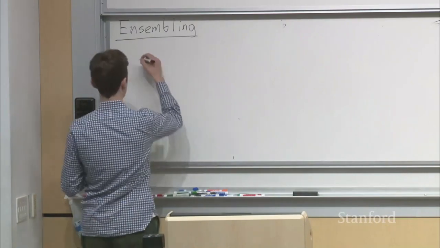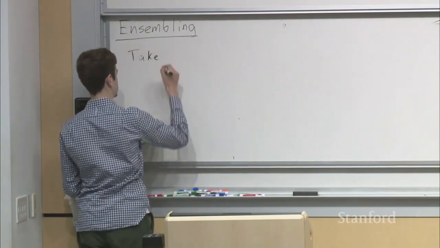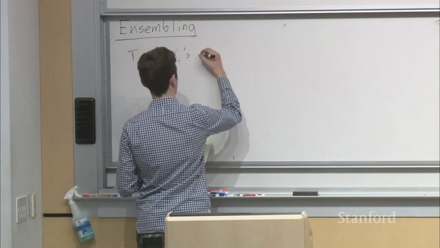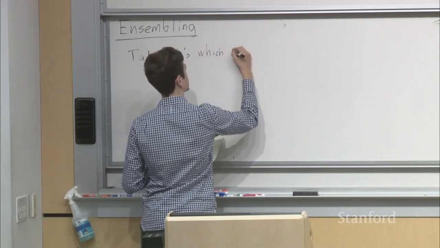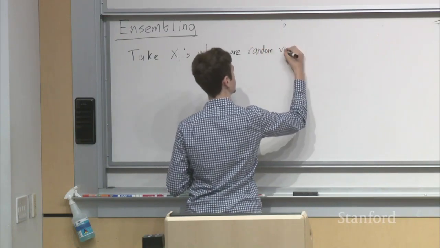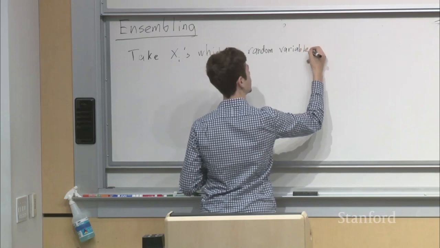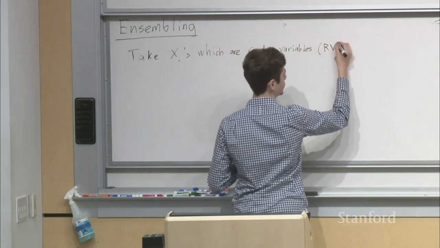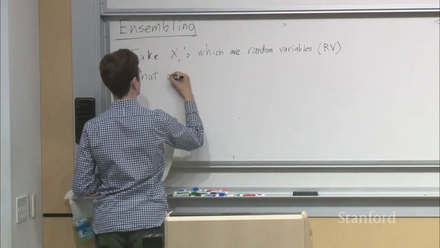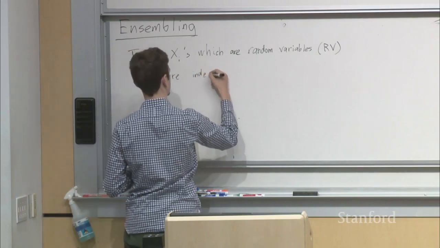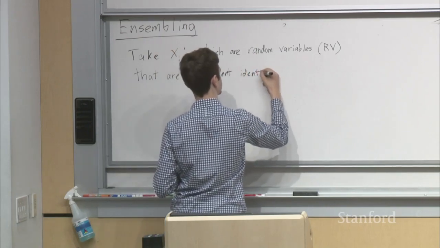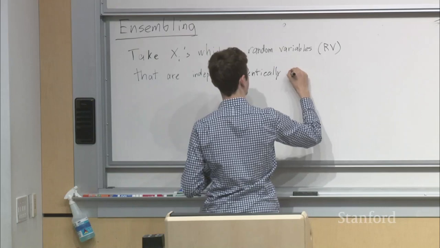Say you have xi's, which are random variables, I'll sometimes write this as just RV, that are independent, identically distributed, which you can call IID.